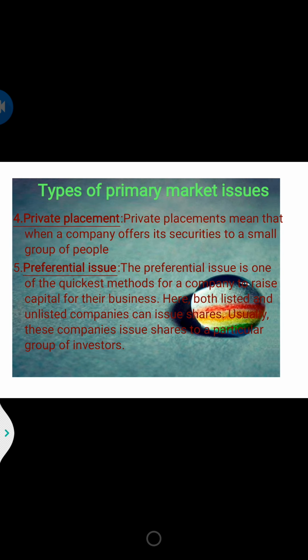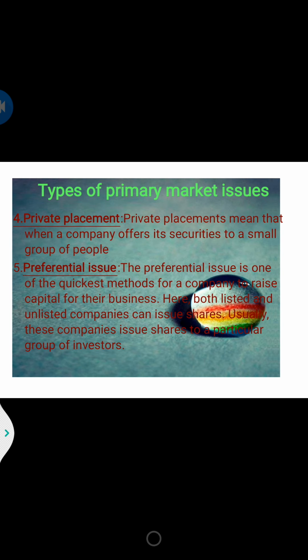This is a simple procedure for issue of securities, suitable for all small companies. Then next is your preferential issue. What does preferential issue mean? We are going to give preference. Preferential issue is one of the quickest methods for a company to raise capital for their business.